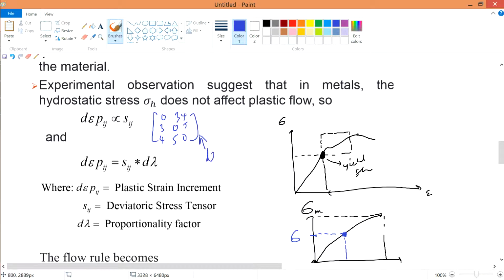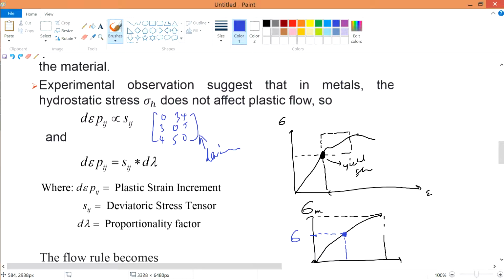This is your deviatoric stress, the shear components. We know that the hydrostatic stress does not affect plastic flow, and this is why the strain increment is proportional to your deviatoric shear stresses. The proportional factor is some d lambda.